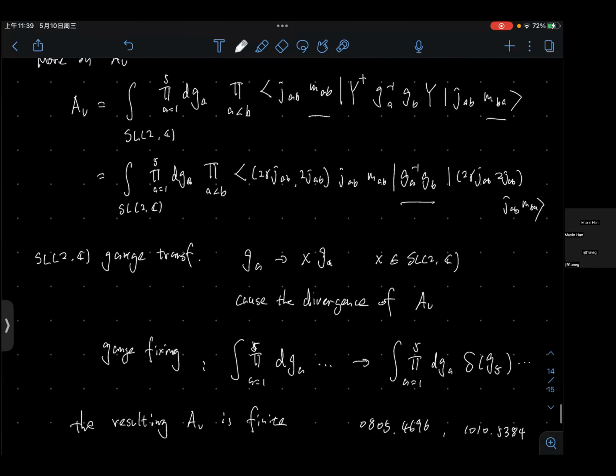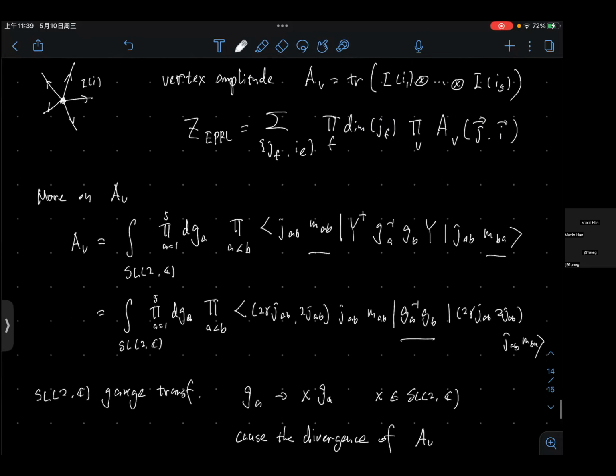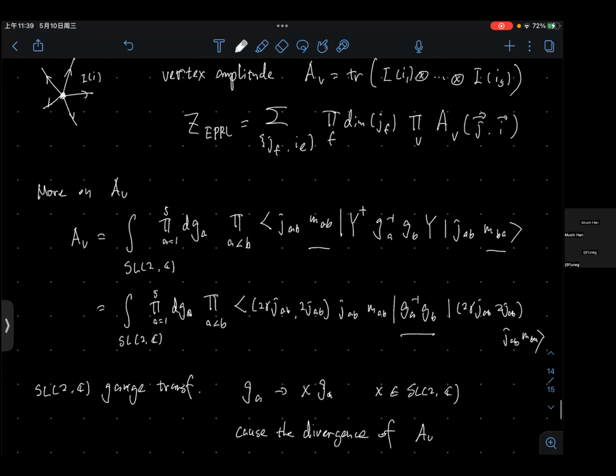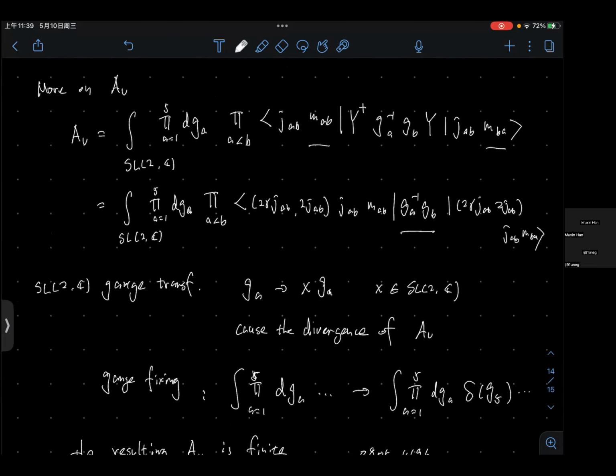All right, so this is basically the definition of the EPRL vertex amplitude, and also some more explicit formula for this vertex amplitude. Okay, so now how to use it?